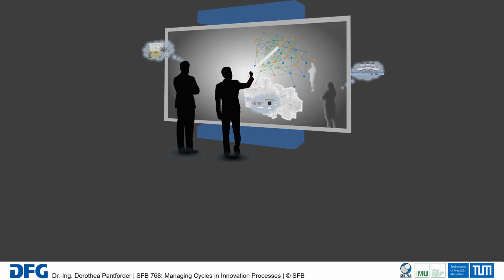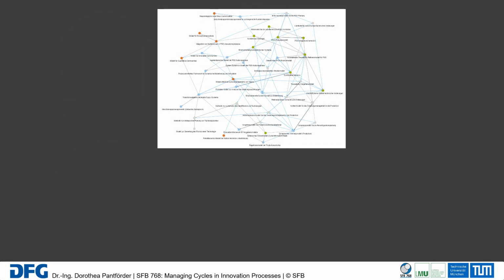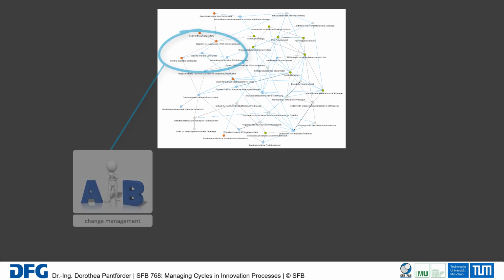Let's take a closer look at the 4 use cases which are meant to represent and bring a solution to 4 different problems that real companies may face during their operation. These are change management, which means changes in a PSS, for example regarding product life cycles, technology life cycles, or manufacturing structure cycles.